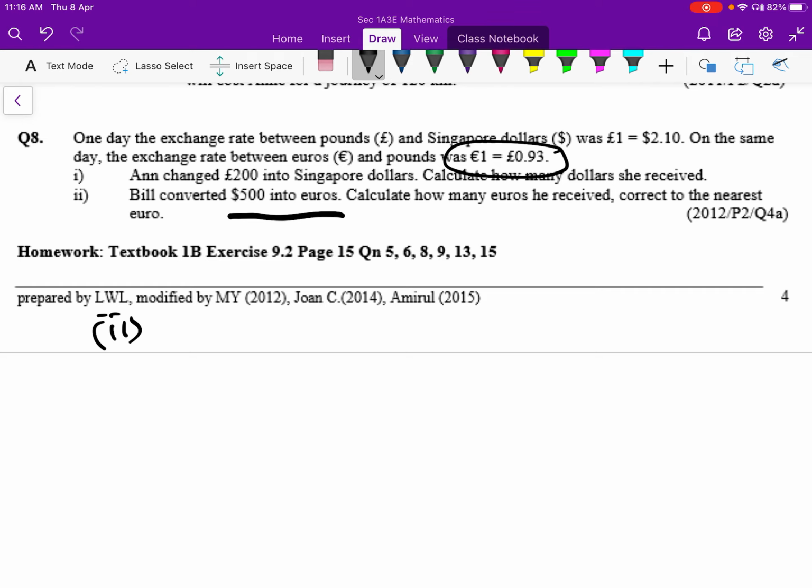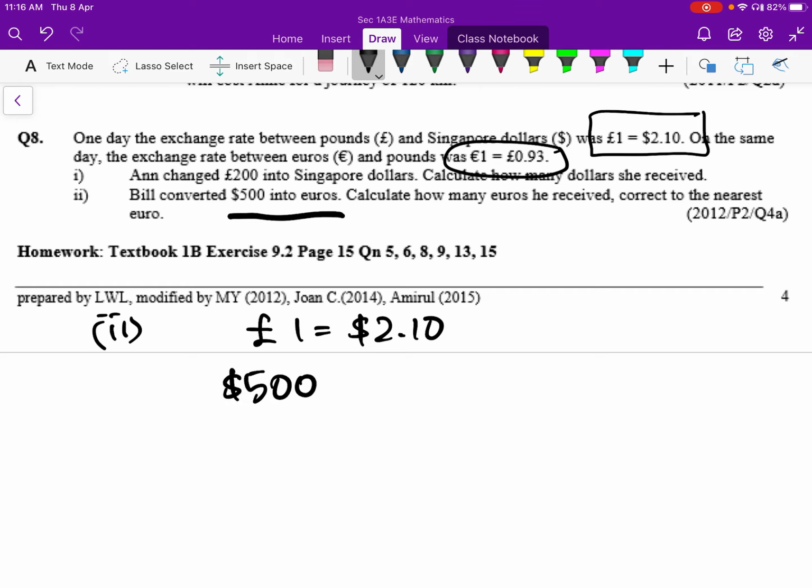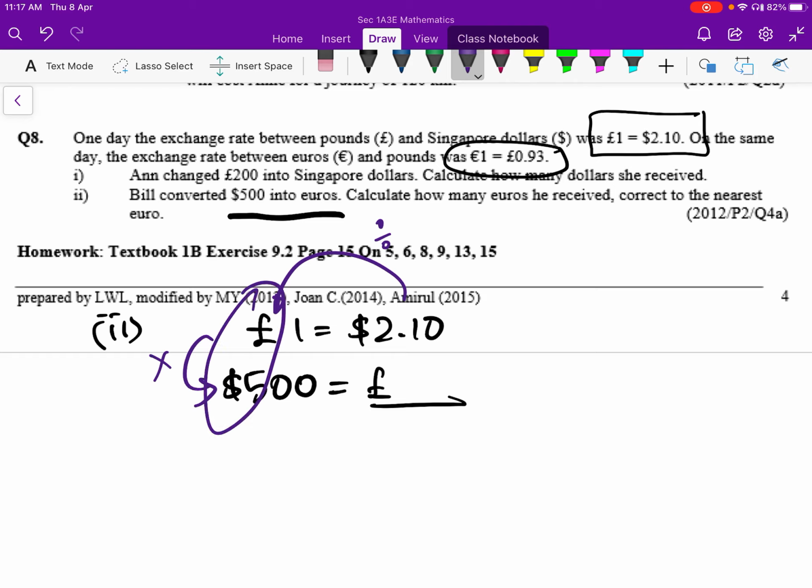Let's do that. So I want $500. I make use of the only relationship for dollar sign that I have. If I were to write 1 pound equals $2.10, and then I carry on to say $500 equals how many pounds, then this doesn't allow me to use my usual divide and multiply. I cannot. Why? Because I've got different units over here.